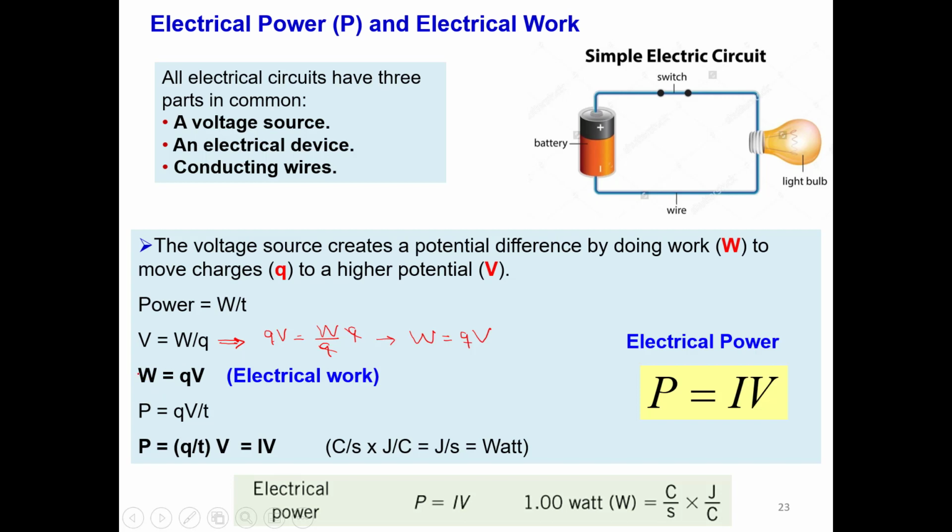And now let's replace the electrical work into the power equation. Work equals charge times voltage, so just replace work by this. Then power equals the charge times volts divided by the time.